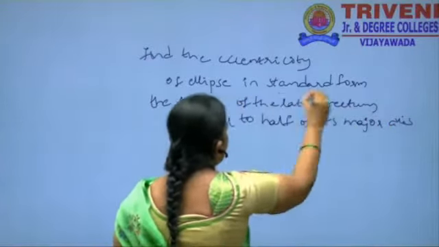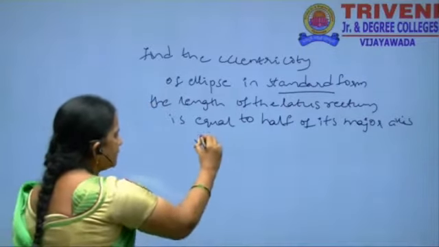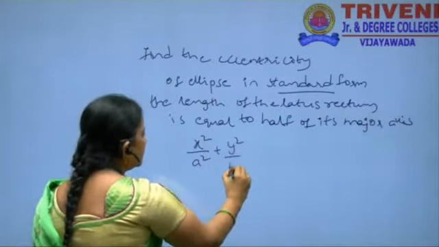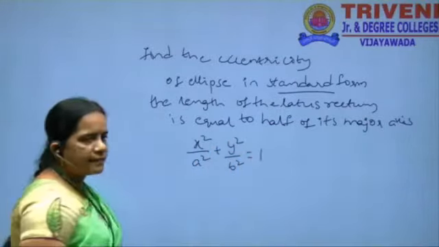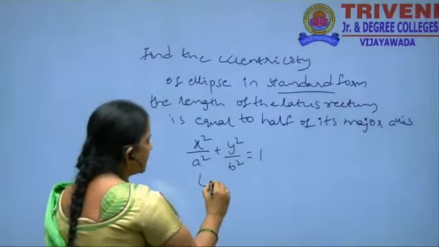The standard form of the ellipse is x square by a square plus y square by b square is equal to 1. The length of the latus rectum of the standard form is 2b square by a.